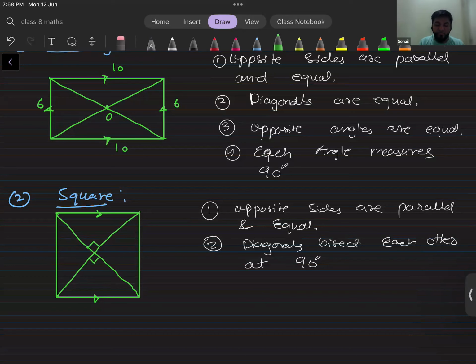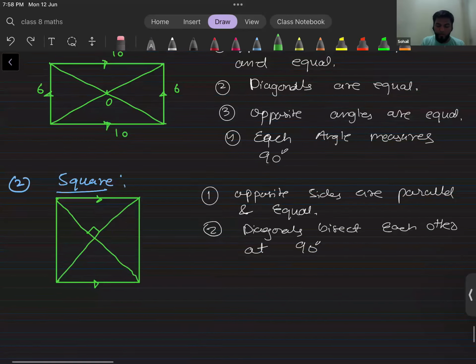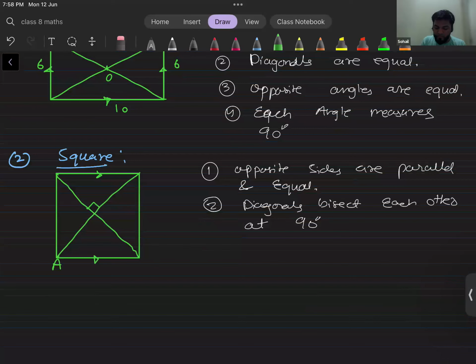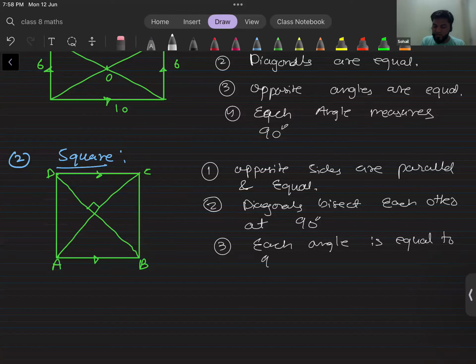That is the interesting thing about a square. So diagonals bisect each other at 90 degree, and each angle is equal to 90 degree also. Opposite angles are also the same.